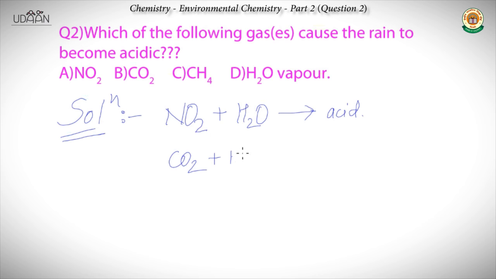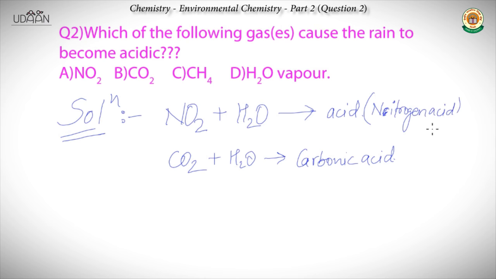CO2 plus H2O gives carbonic acid. The above one is a nitrogen acid. The carbonic acid has the molecular formula H2CO3. So again we know that CH4 is highly stable and will not react with H2O, so no reaction.